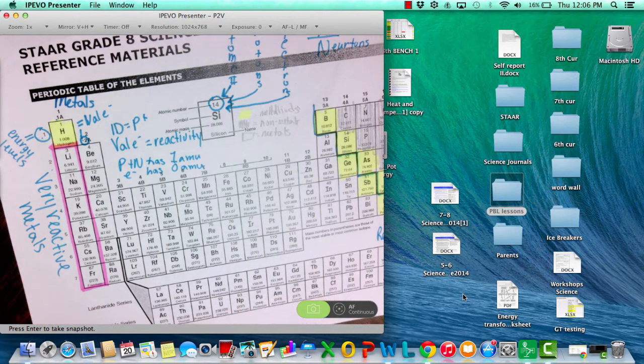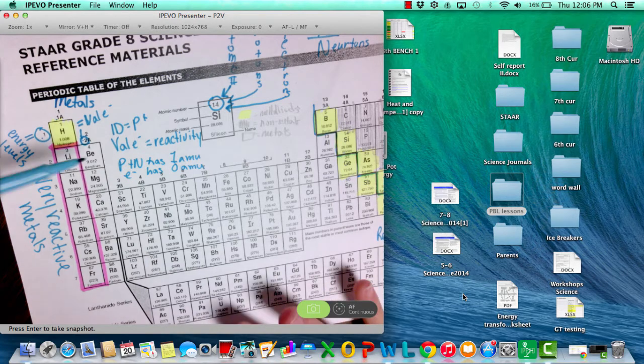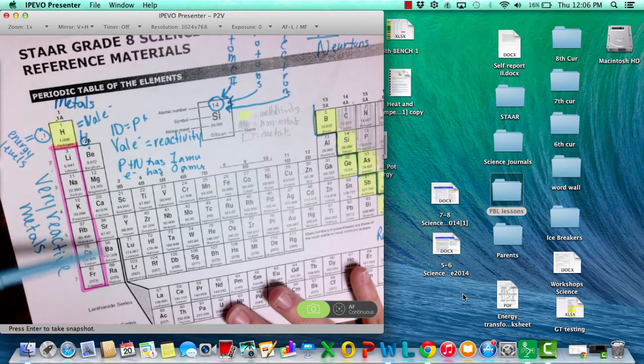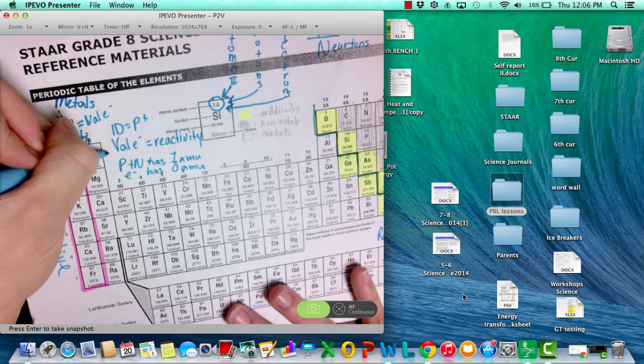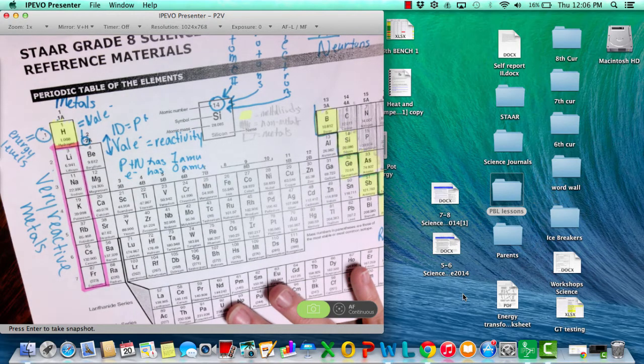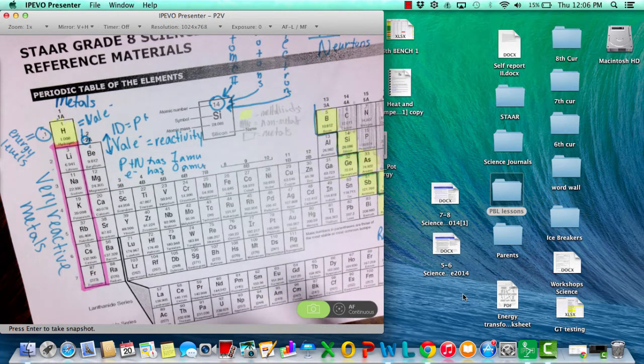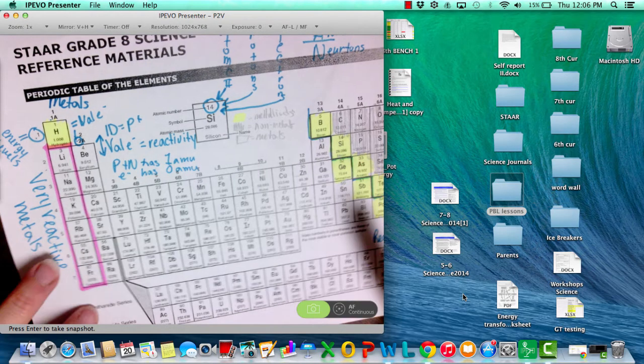Let's see what else. I think that's pretty much it. Just remember that if you are in the same group, they have the same reactivity. So valence electrons determine reactivity. So if they're in the same group, they will have the same reactivity, which means they will have the same properties. So that's it.